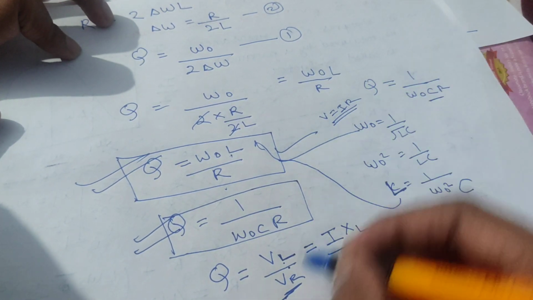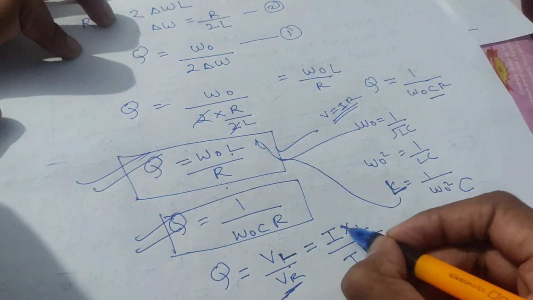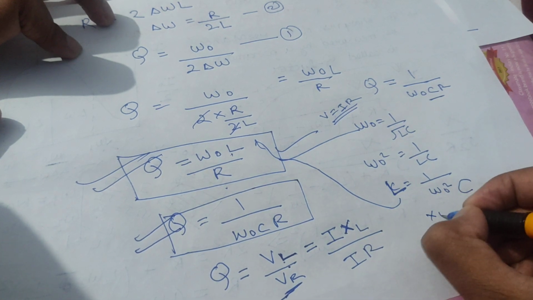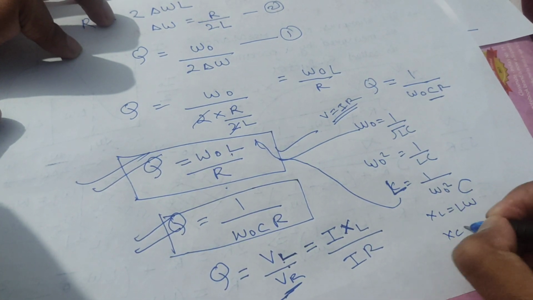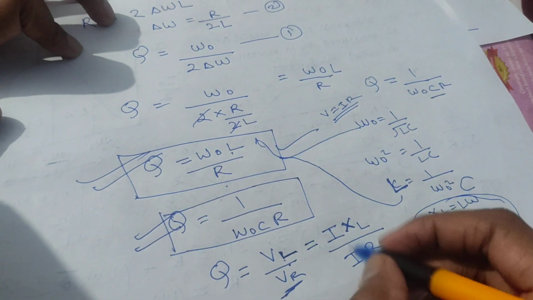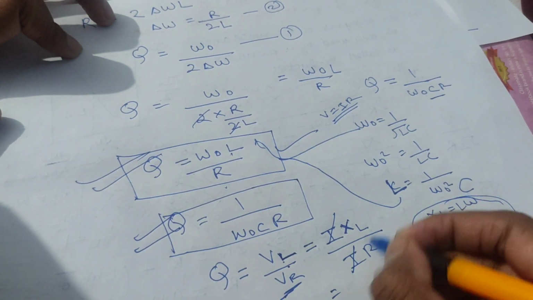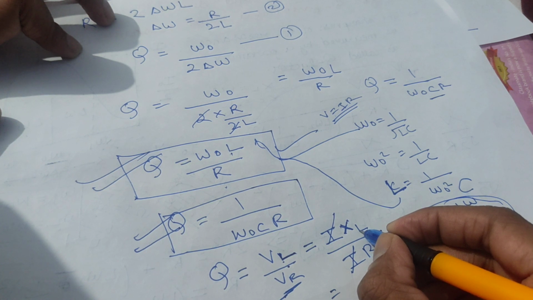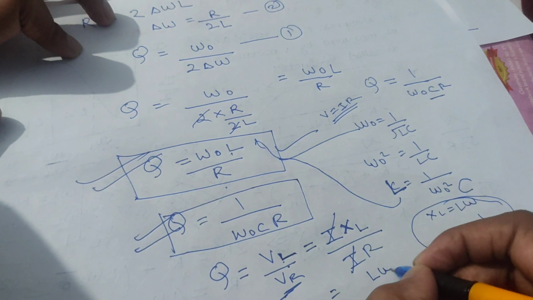We are taking XL because it is L. We know XL is equal to L omega and XC is equal to 1 by C omega. We are familiar with this equation. So I will get cancelled, and XL is L omega naught, so Q is L omega naught by R.